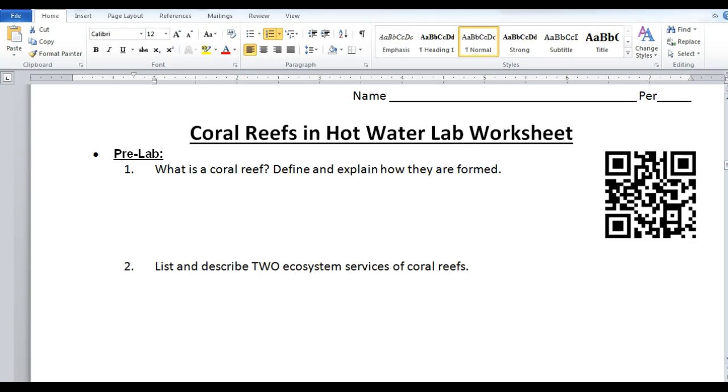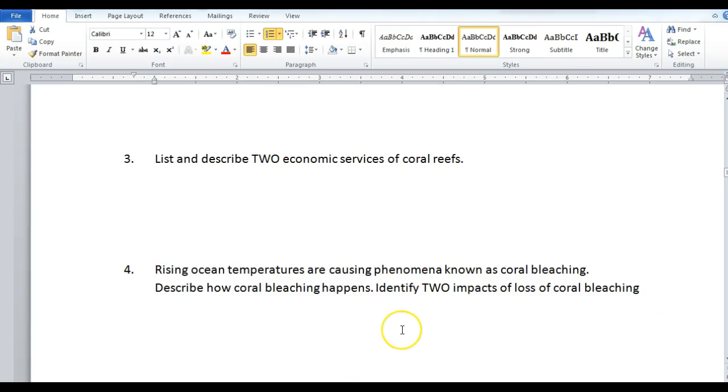Okay, what are some economic services or economic advantages? So when we talk about economics, we're talking about jobs or money. So what services does it provide for that? Tourism, income from tourism. Okay, we could talk about how it gives fishermen places to fish. Also says building materials, right? We get building materials from coral reefs.